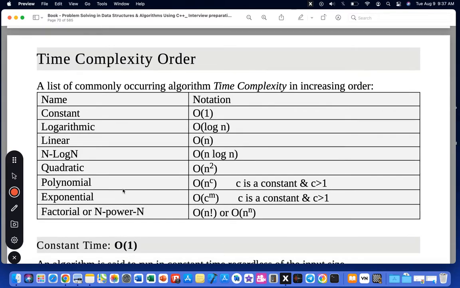Time complexity order, a list of commonly occurring algorithm time complexities in increasing order. Name, notation: constant, O(1); logarithmic, O(log n); linear, O(n); n log n, a function of n; quadratic, which means square, second degree, right?